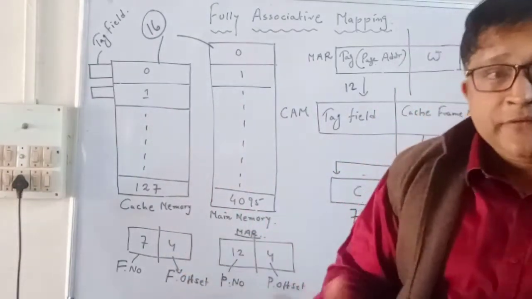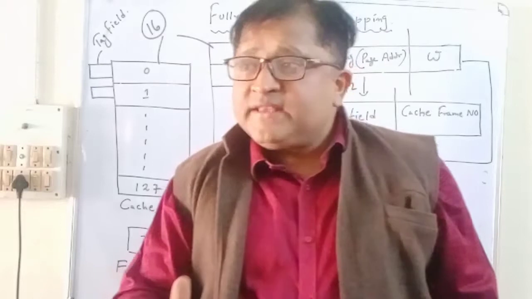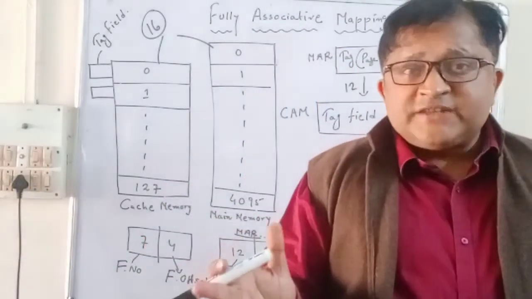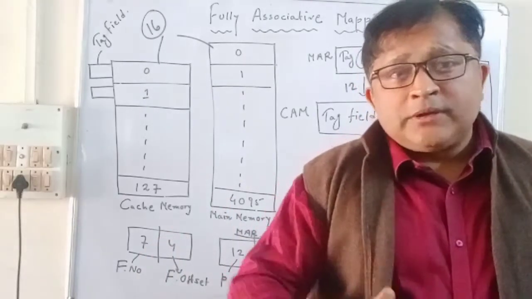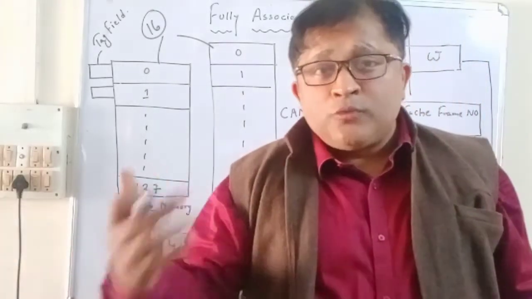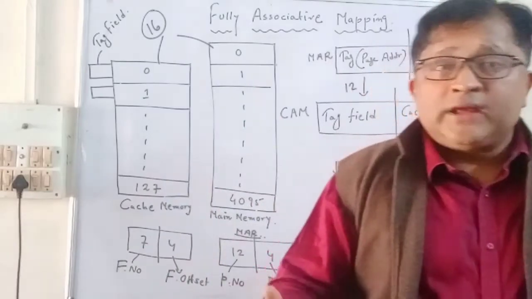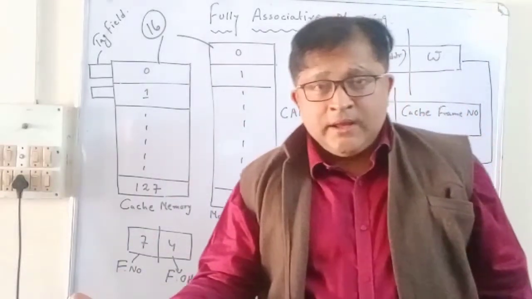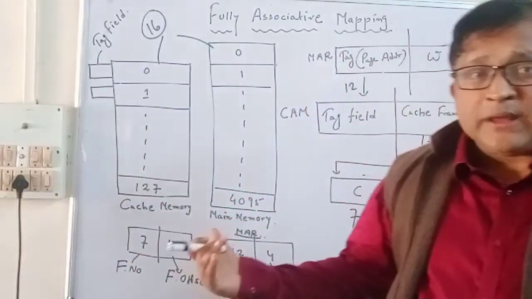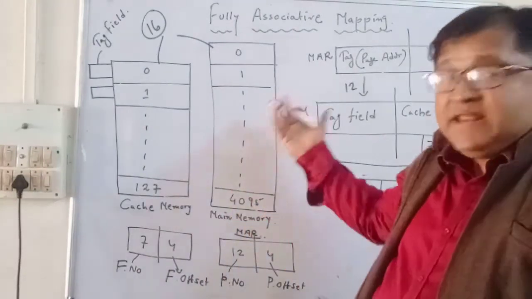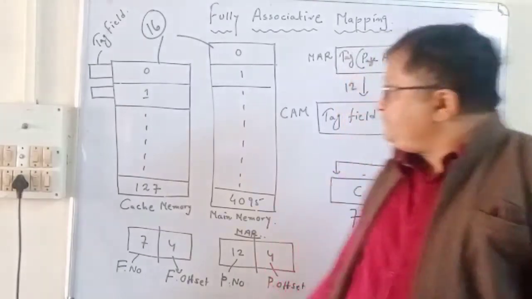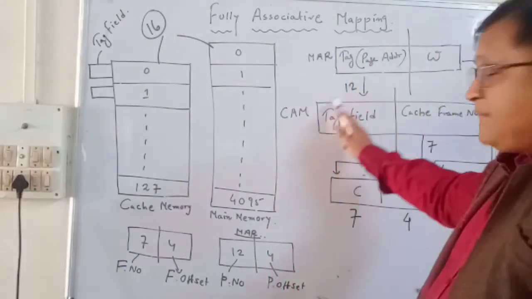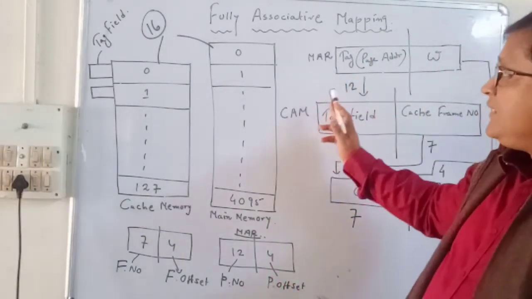Unlike direct mapping, where no more than one page from a single block can be loaded into the cache memory, here in associative mapping the flexibility is offered that any page can be loaded into any frame. So this associative memory is used.